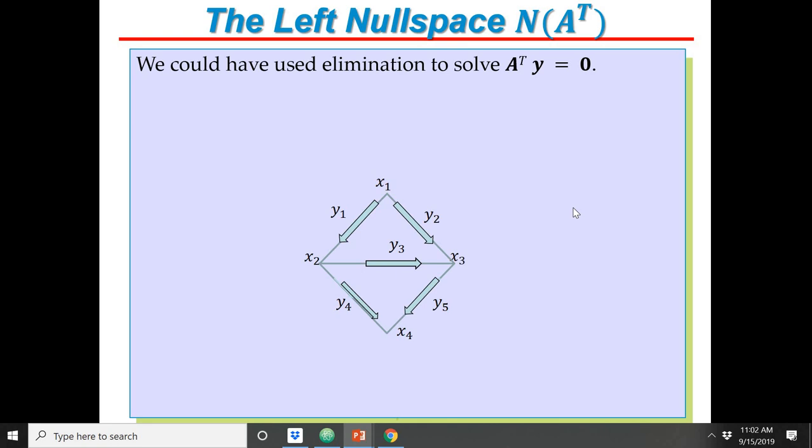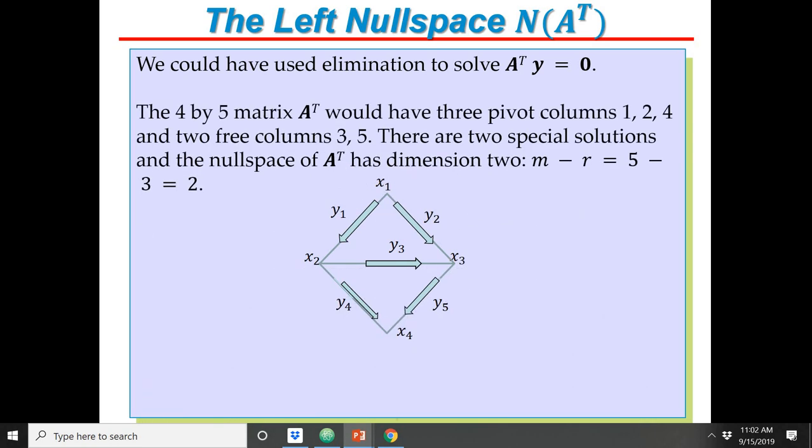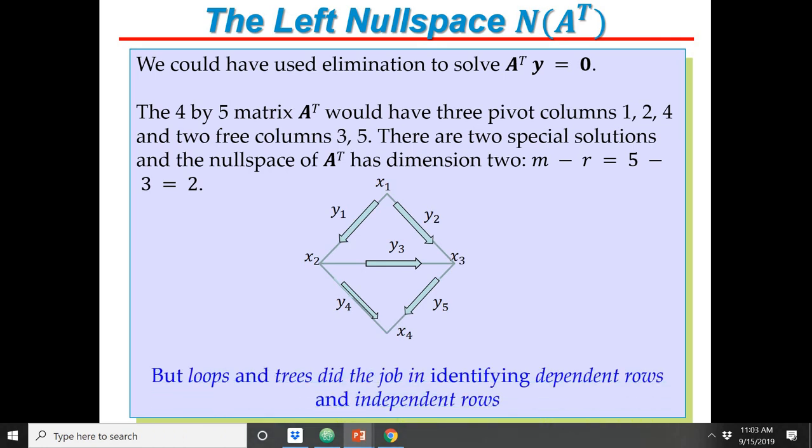All right, so let's go back to the left null space and try to see what exactly is going on. Remember the left null space. We have identified 3 pivot columns: 1, 2, and 4. So it has dimensionality M minus R, which is 2, and we related loops with dependencies in the rows.